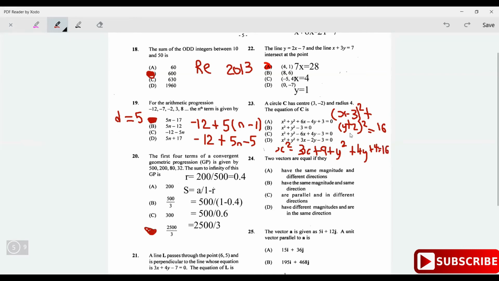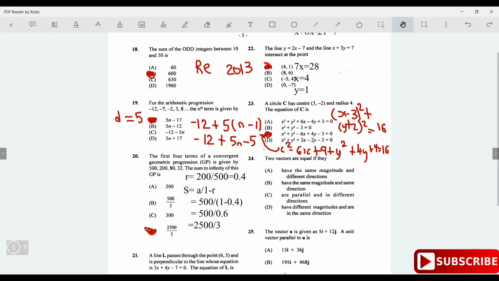Now I know that 9 and 4 is 13. And so when I bring over 16, I'm going to get minus 3. So I'm looking for one that has x squared. Oh, it should have been 6x. Minus 6x. I expanded that wrong right there. Minus 6x. So I'm looking for x squared plus y squared minus 6x plus 4y minus 3 equals 0. That's this. When you simplify this, you would get option C.